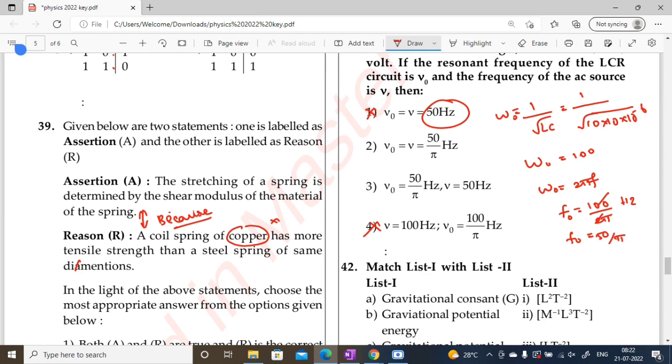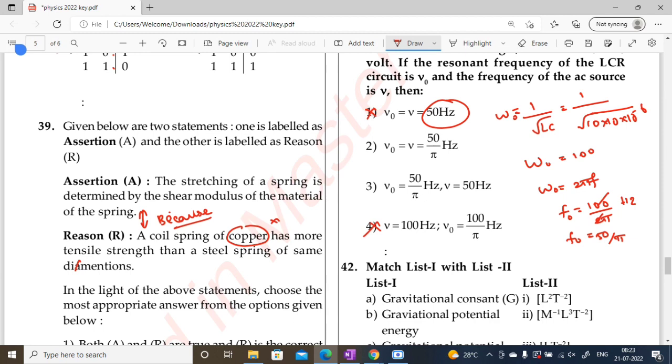So let us try to understand. We know in resonance condition, we are trying to tune the circuit to the desired frequency to get the maximum power to the circuit. So this condition is tuned by the input frequency in such a way that we obtain the maximum power.